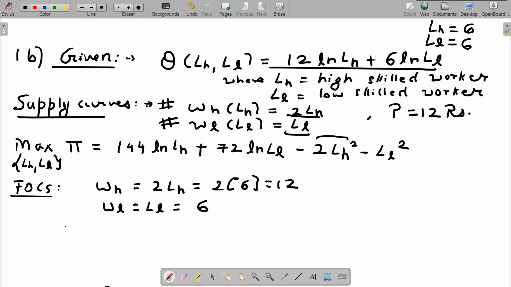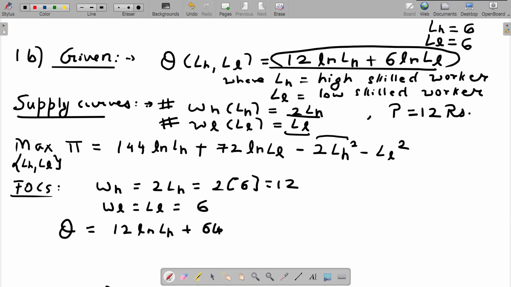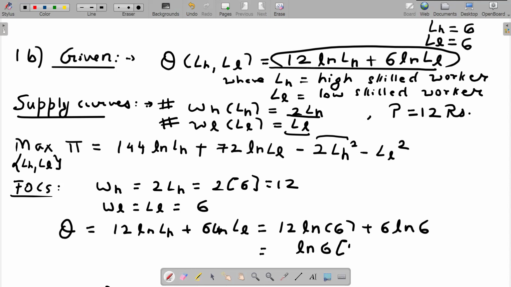What's the quantity Q? Just put in the values here. 12 ln LH plus 6 ln LL. So this is 12 ln, how much is LH? 6, plus 6 ln, how much is LL? 6. So I can take ln 6 common. So I get 12 plus 6. So my answer for output is 18 ln 6.